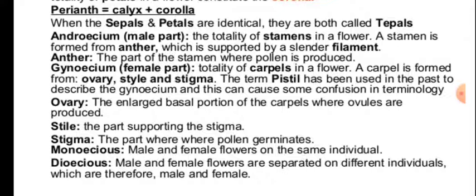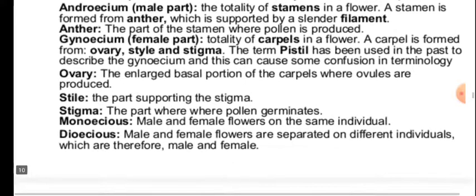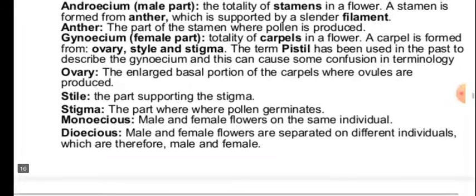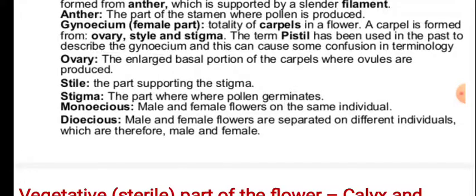Generally this pistil is commonly used as a part of the gynoecium. Then the ovary is the enlarged basal portion of the carpel which develops the ovules. Then the style is the supporting organ. It supports the stigma, and the stigma is where the pollen germinates.